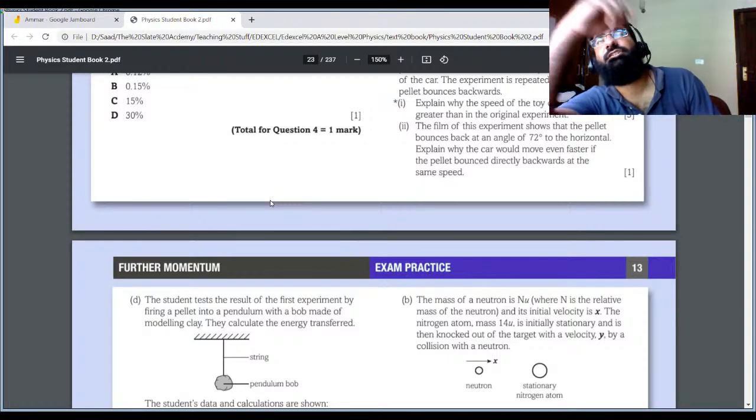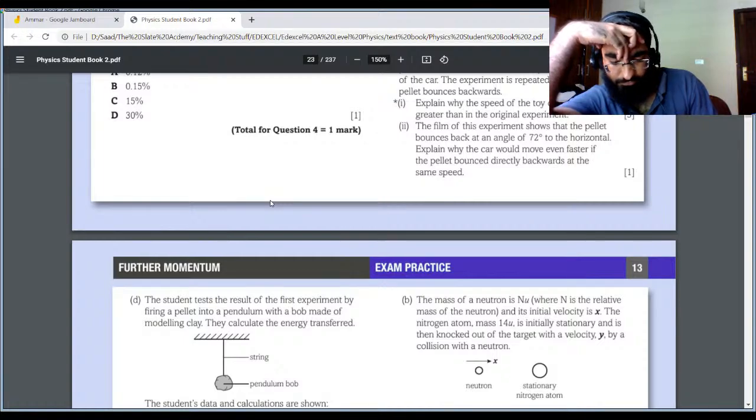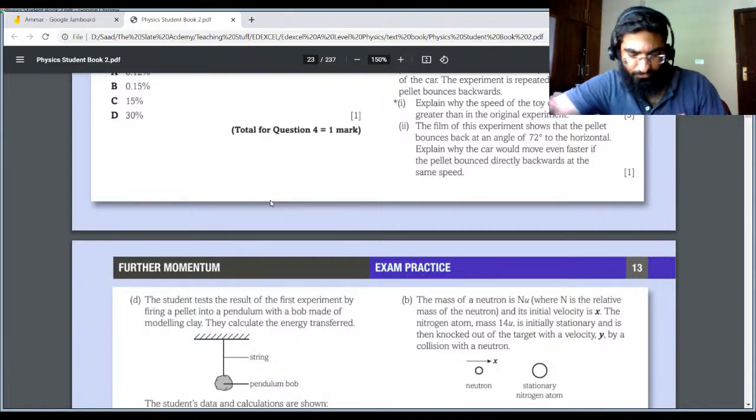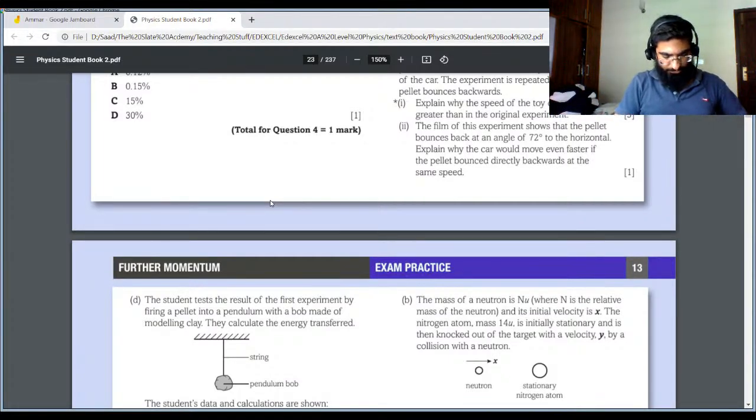If it goes at 72 degrees, and that is v, what will the horizontal momentum be? The momentum of the pellet times cos 72. Cos 72 is how much? It never exceeds 1.